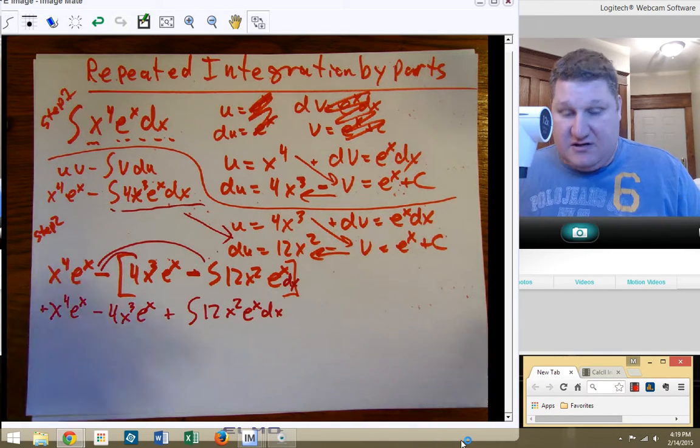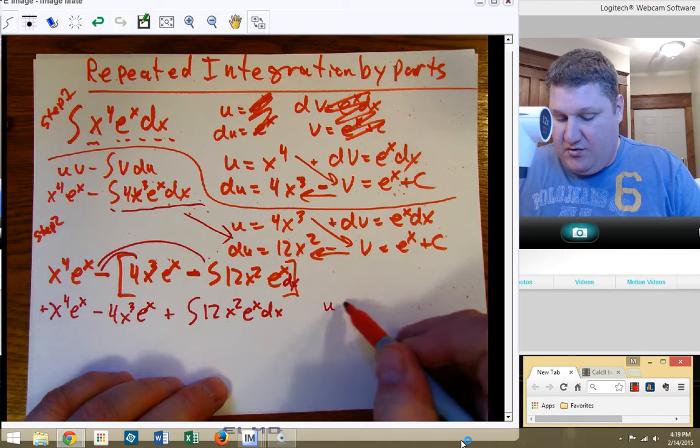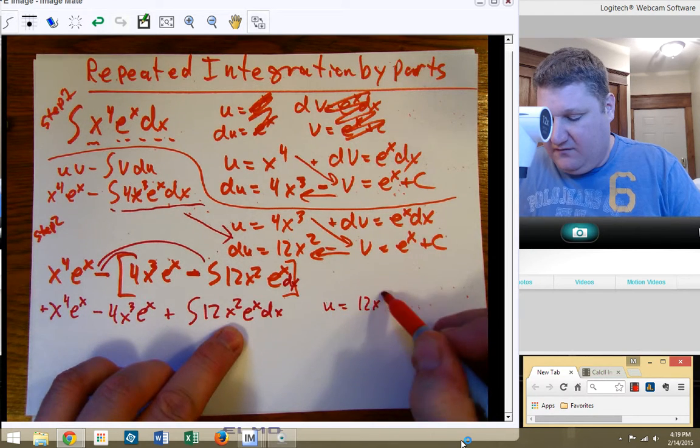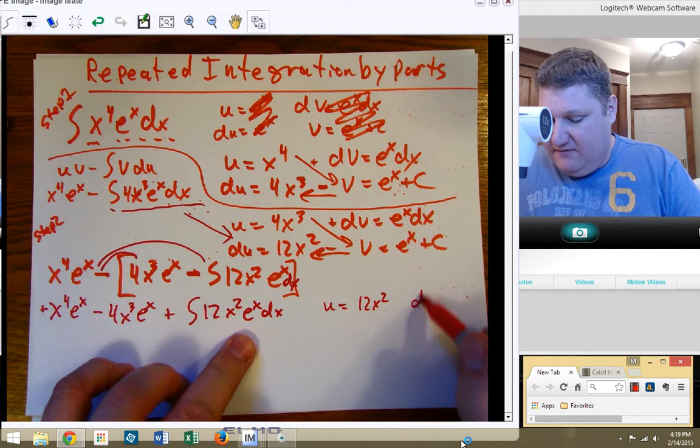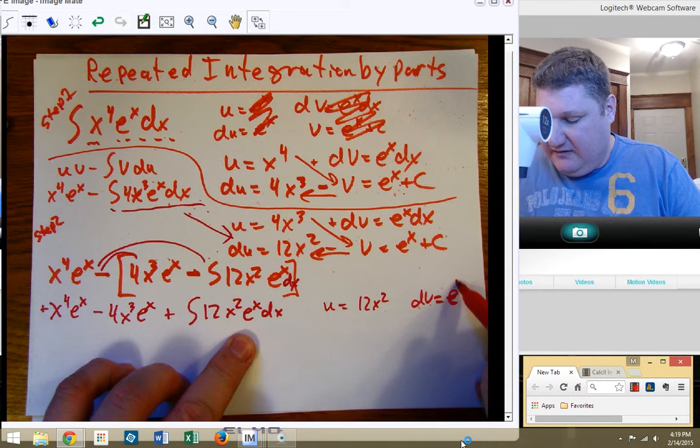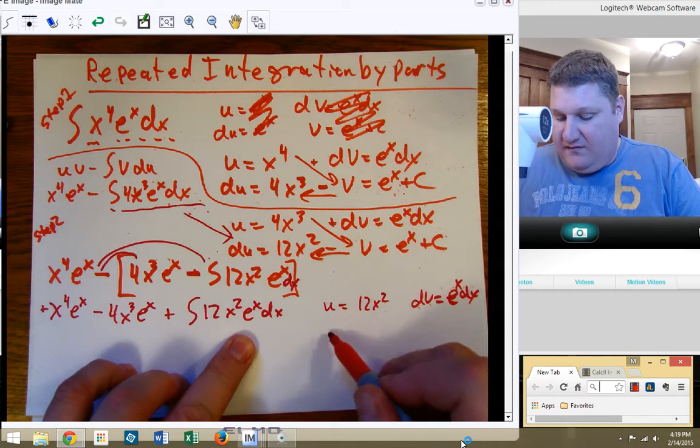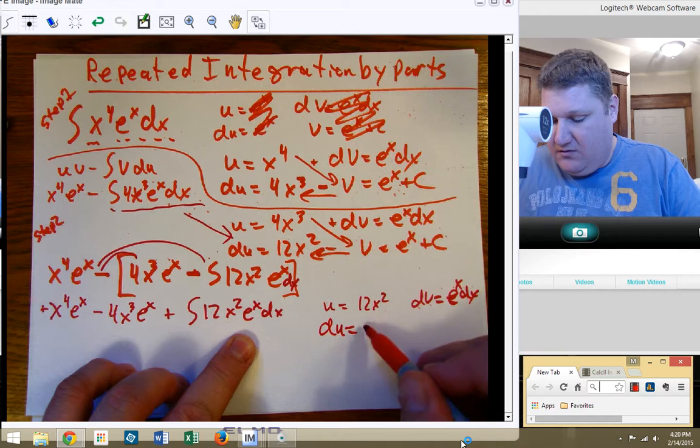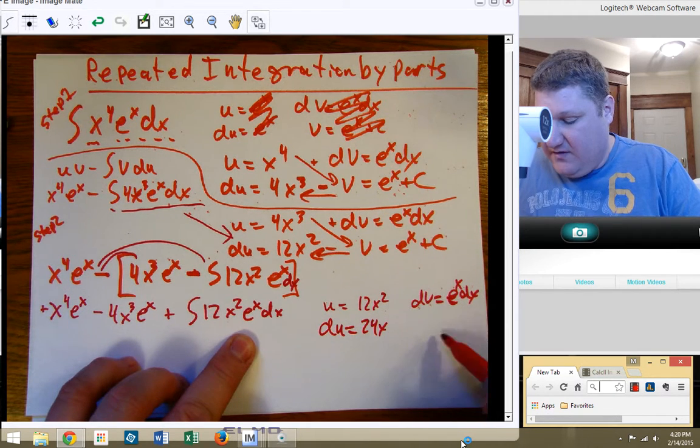If I were to continue doing this, u equals 12x squared, dv equals e to the x dx. And so we get du equals 24x.